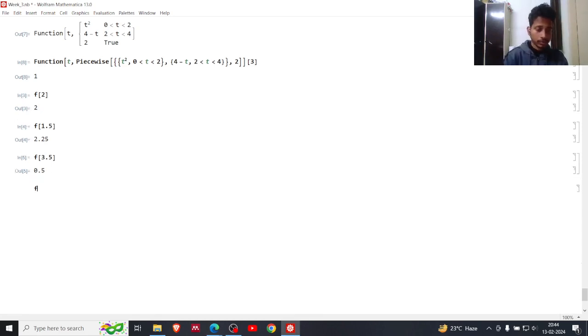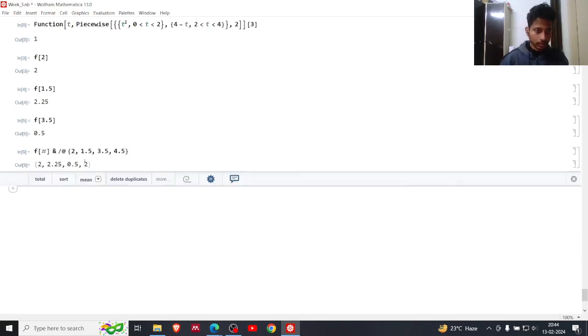Now we are doing this one by one. Now we can do that like this: f at the rate 2, 1.5, 3.5, 4.5, and we can get all the values.